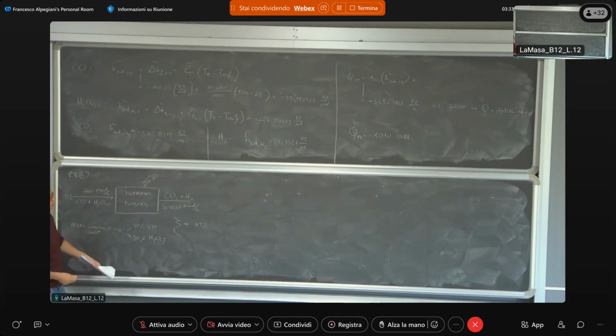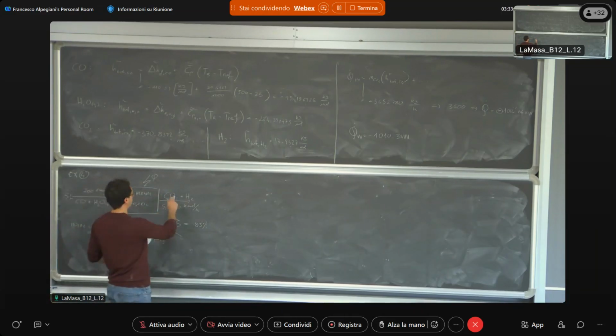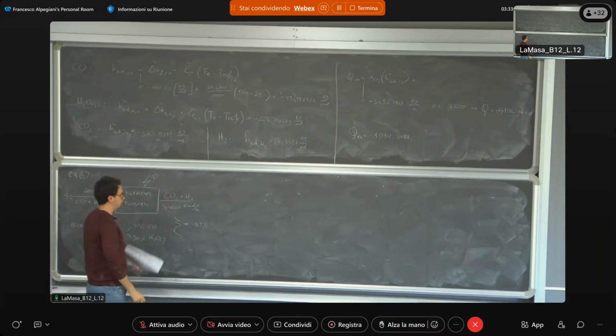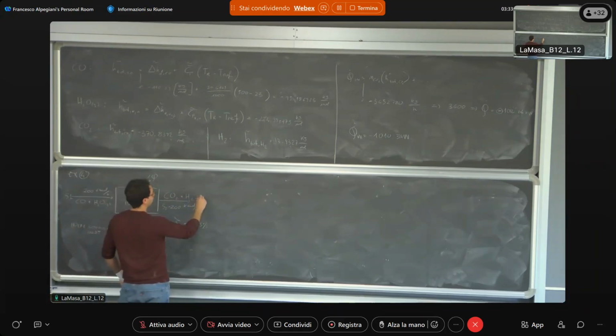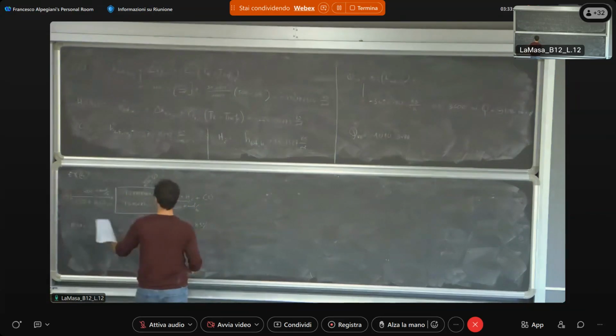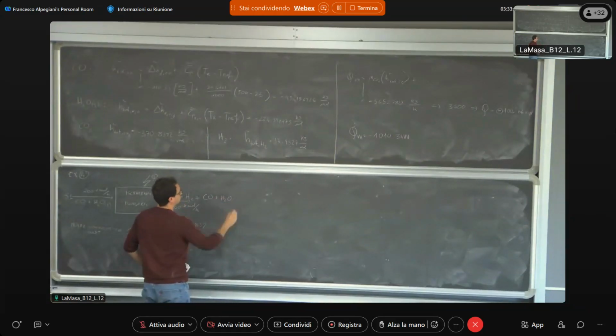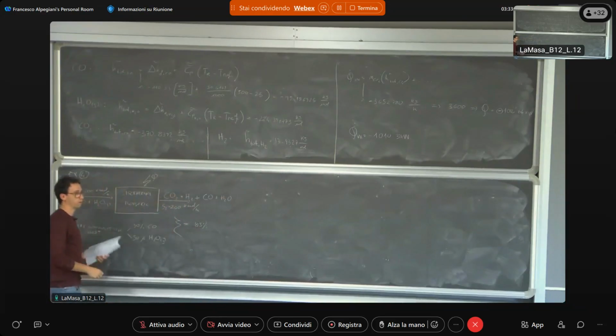In this case, at the outlet you no longer obtain only CO2 and hydrogen, but also some CO that is unconverted and doesn't react with water, and some water that is not used for the water gas shift reaction.